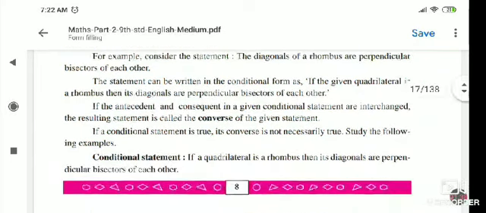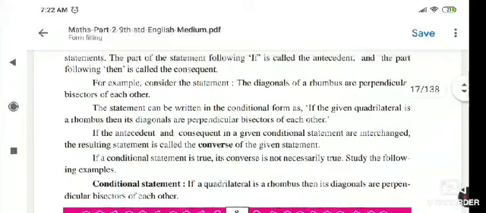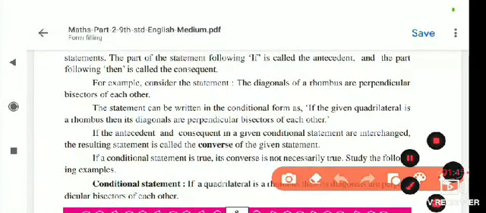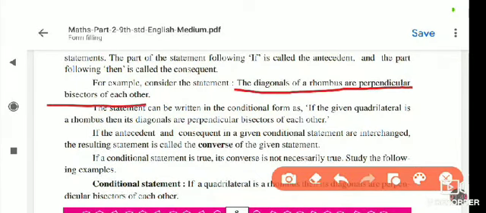For example, consider the statement: the diagonals of a rhombus are perpendicular bisectors of each other. If we convert this statement into if-then form, then that statement is called a conditional statement. So here we have to add if and then.